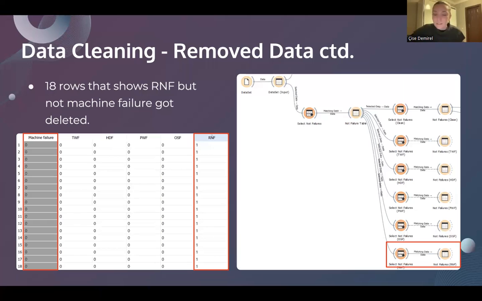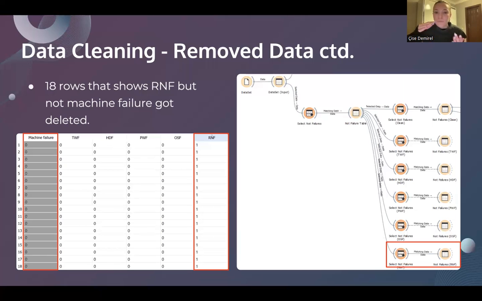You're right, hocam. Sorry, we got your point, but since, as Zeynep said, we decided not to use RNF as a failure type because it is hard to predict this type of failure.